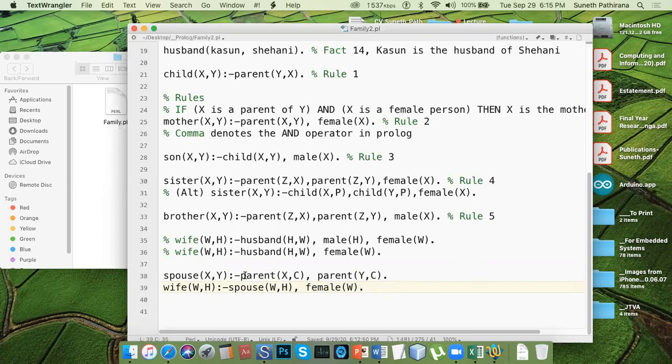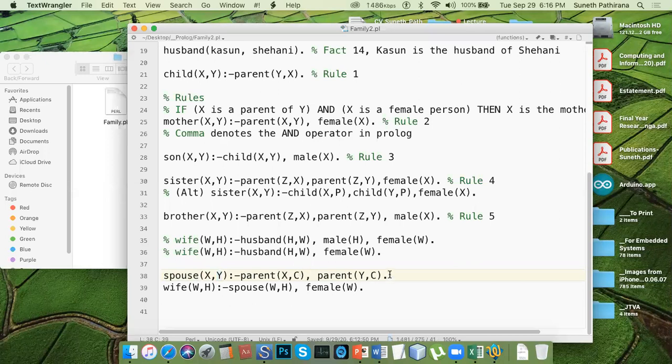So spouse means regardless of the gender. That means a spouse can be either husband or wife. So X is going to be the spouse of Y. That means X can be either male or female. X can be wife or husband. Y is the other person.